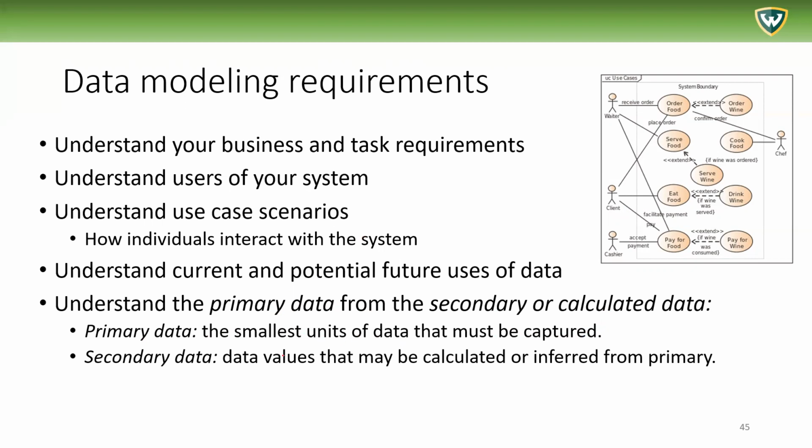But other data, other attributes, may be calculated or inferred from the primary data. And we will use some examples of this when we're talking about querying the database. So this is kind of important to understand as well. So there is no duplication, and you understand what data needs to be captured and what data can then just be calculated from the existing data.